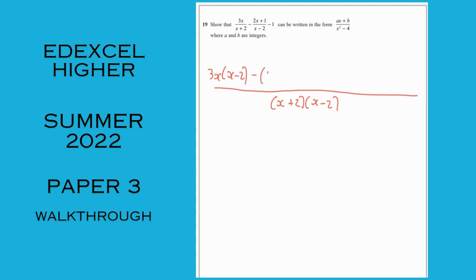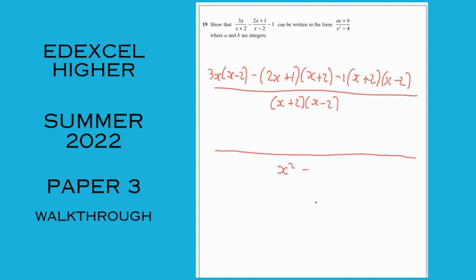Let's put this in brackets. Don't make that mistake. But the x minus 2's cancel. And over here, nothing cancels. You end up with both brackets. Let's expand and simplify the bottom. Oh, nice one. It's difference of 2 squares. That'll help out on the third part over here.